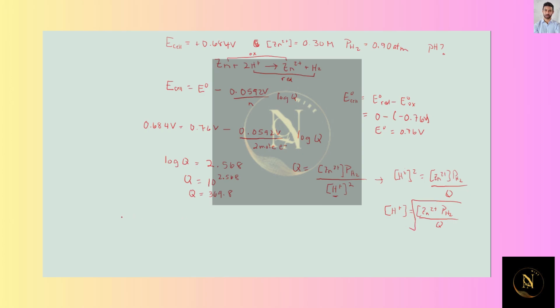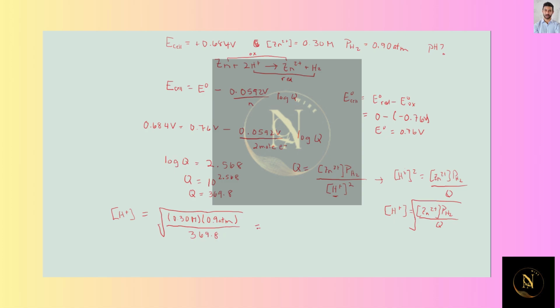So I'm going to come back over here to my concentration of H+ and plug all my numbers in. You have the square root of the concentration of Zn2+, which was 0.3 molar, times the pressure, which was 0.9 atmospheres, over Q, which we found to be 369.8.